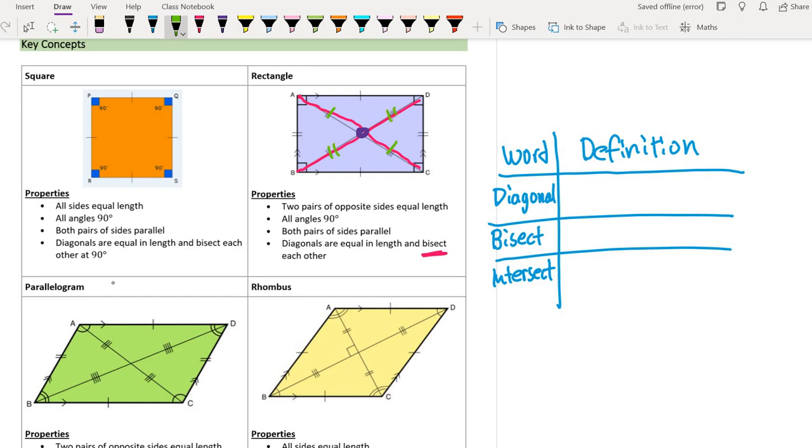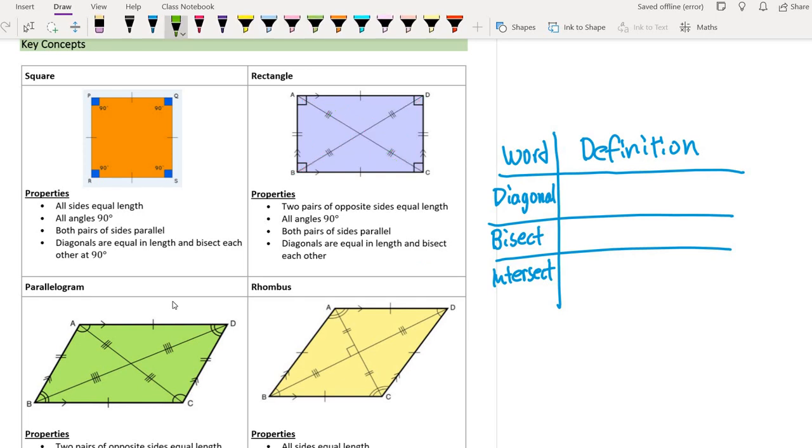So if those two lines cut each other in the middle, and it results in both of the cuts being the same in length, we call that bisect.